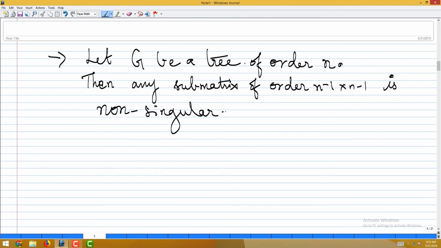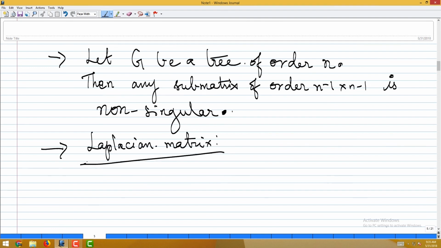So, the idea is this n minus 1 by n minus 1 submatrix is non-singular, that means the determinant is non-zero for a tree. Okay. So, we will make use of this and we will jump into the Laplacian matrix now, because I need this result, I will be using it in the later part.